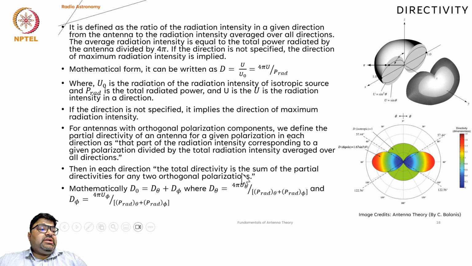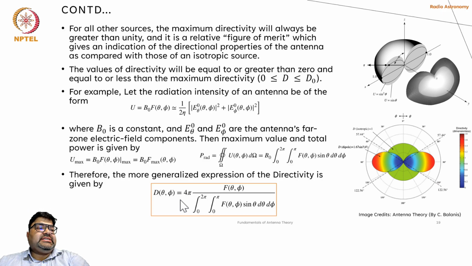Then in each direction, total directivity is the sum of the partial directivities for any two orthogonal polarizations. So D naught is equal to D theta plus D phi, where D theta is given by 4 pi U theta over P rad theta plus P rad phi, and the other one is 4 pi U phi over P rad theta plus P rad phi. These are just details. You don't have to worry about all these details too much for this particular course, but just for completeness, we are putting it here.